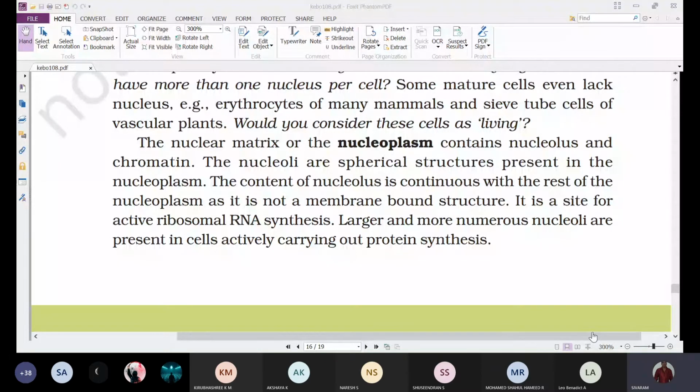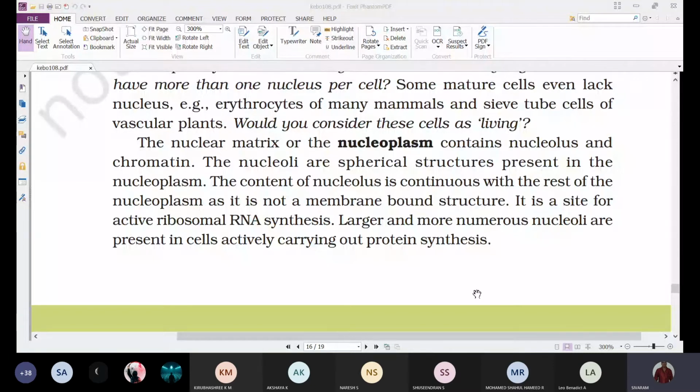So when you observe here, the nucleolus is the site for the active synthesis of ribosomal RNA. At the same time, it is also the active site for the synthesis of proteins required for the formation of ribosomes.